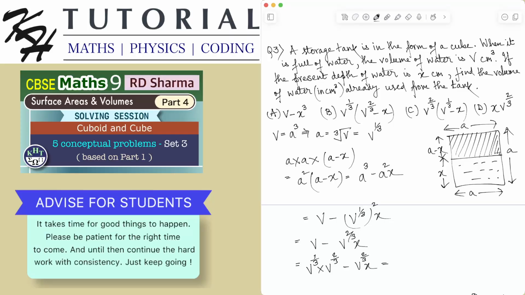So clearly I can take V to the power 2 by 3 common, and I have V to the power 1 by 3 minus x. So this matches with choice C. So C is the correct choice.